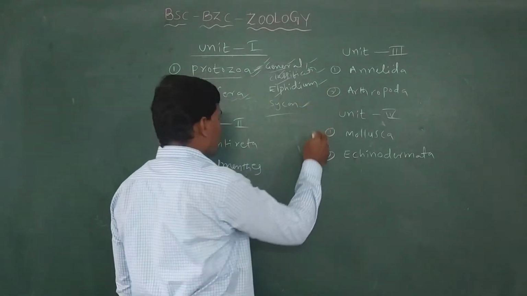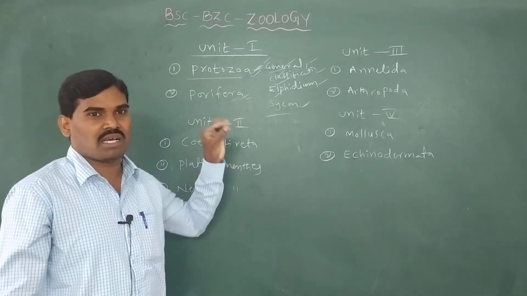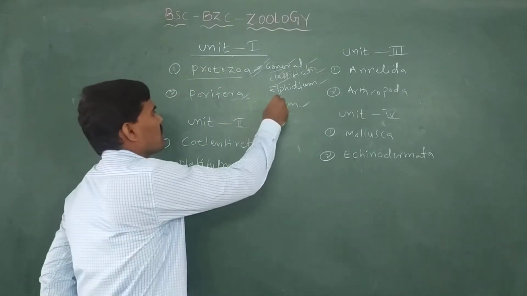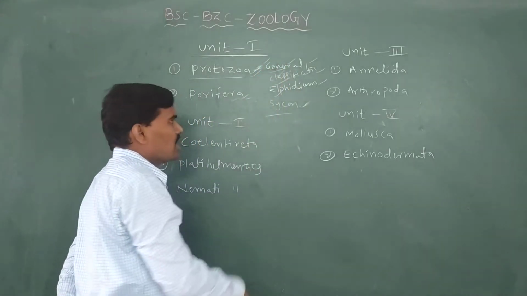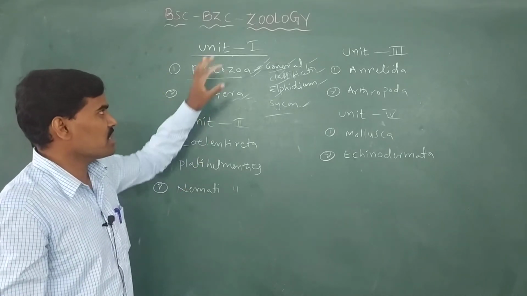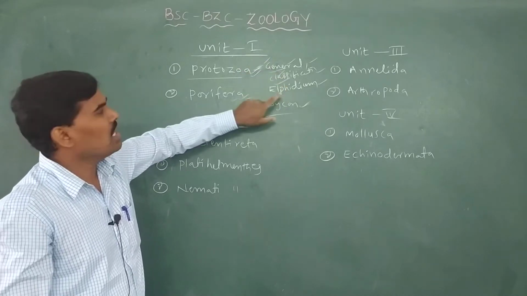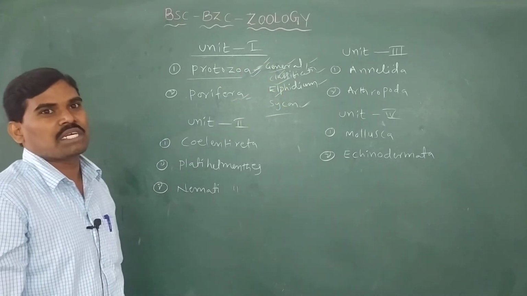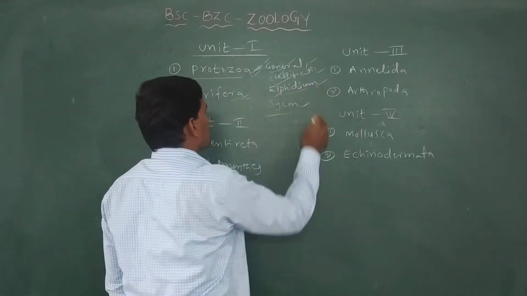In these chapters we will discuss these topics. We discuss the Porifera chapters: the general characters and classification common to all the phylums. In addition, the one type study is different for each phylum.